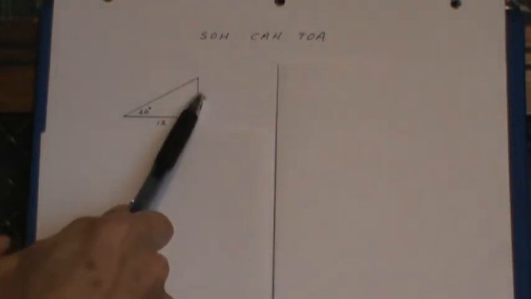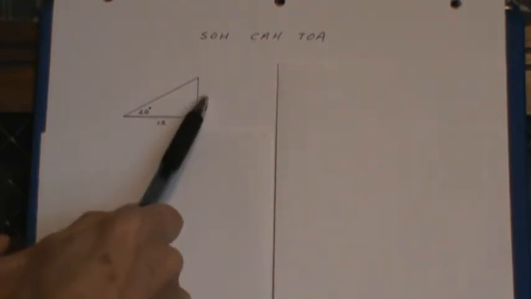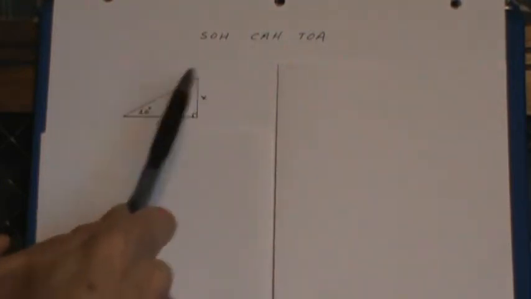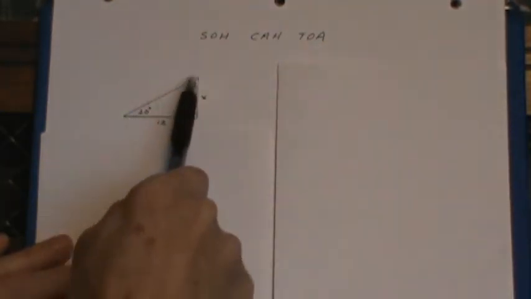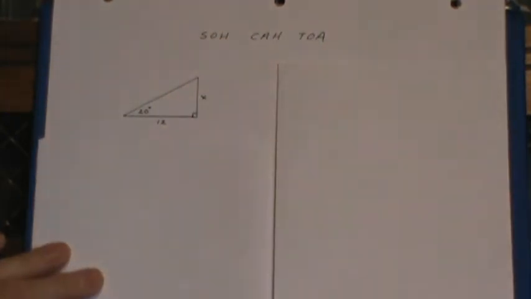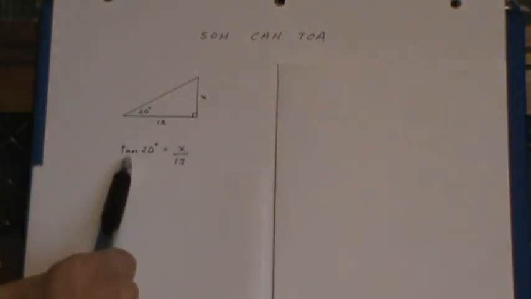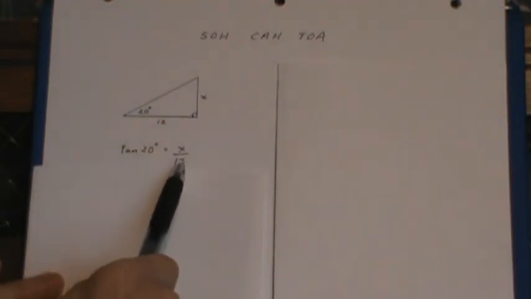This is the opposite. It's opposite to the 20. This is the adjacent. Opposite, adjacent, we're going to use the tan. Anytime you're not using the hypotenuse, you'll be using the tan. And we write it out this way. The tan of 20 degrees is the opposite over the adjacent, x over 12.